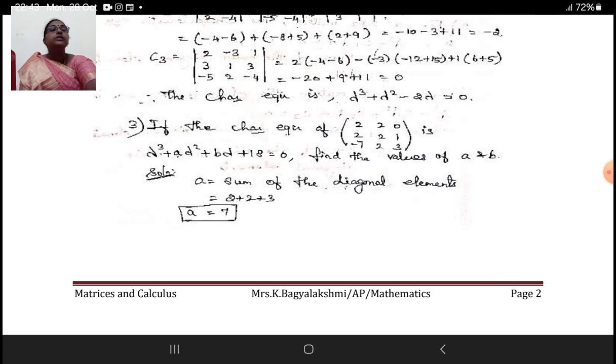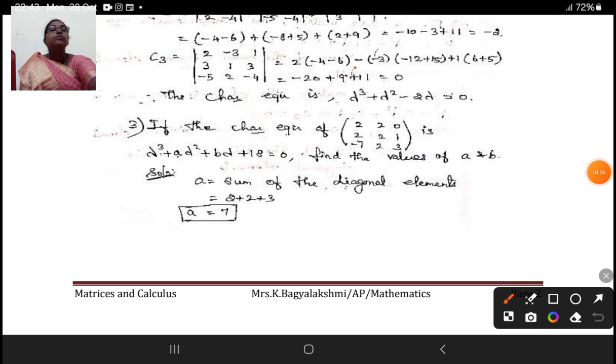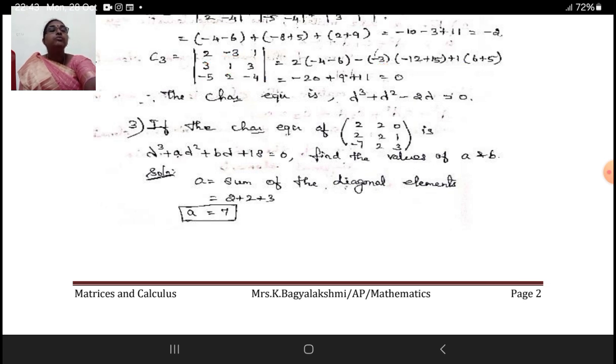And then for the next term, the sign is minus; you just write the formula sign minus, and here already one minus value is there. Then omit this row and column, and the remaining 4 values you write here. First cross minus second cross, the answer here, plus, and then the last value 1.